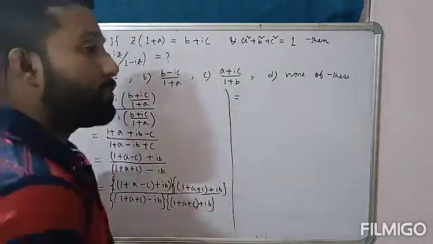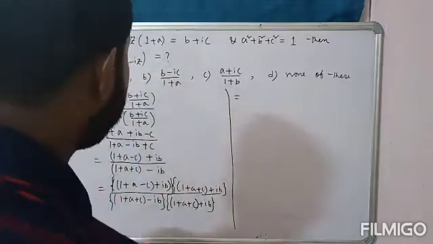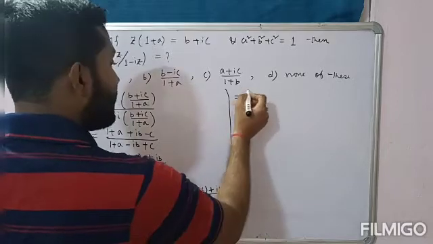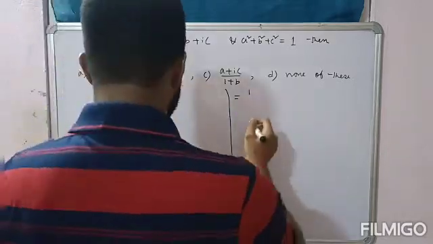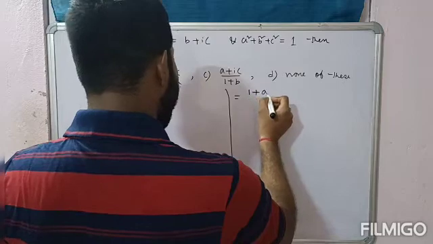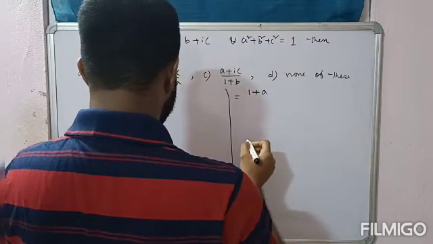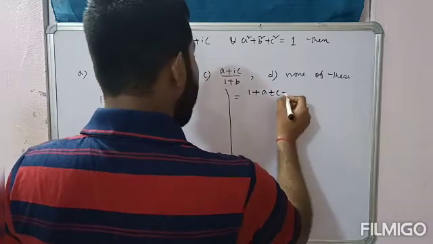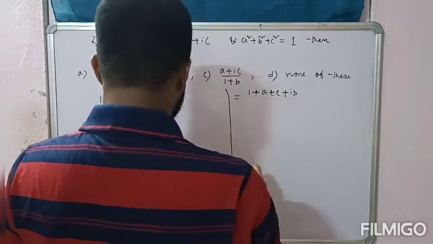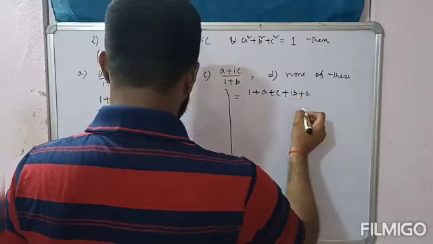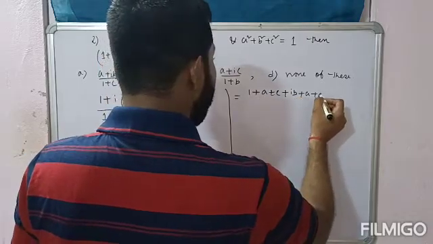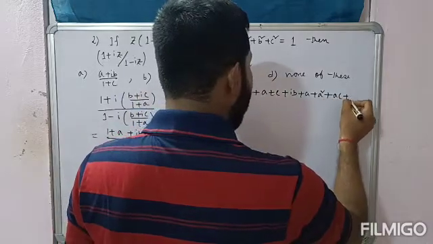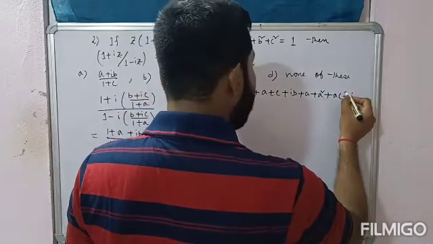Now we have to expand both the numerator and the denominator. Let us expand the numerator first of all. 1 into 1, that is 1 plus a plus c plus ib, a into 1, that is a plus a square plus ac plus iab.